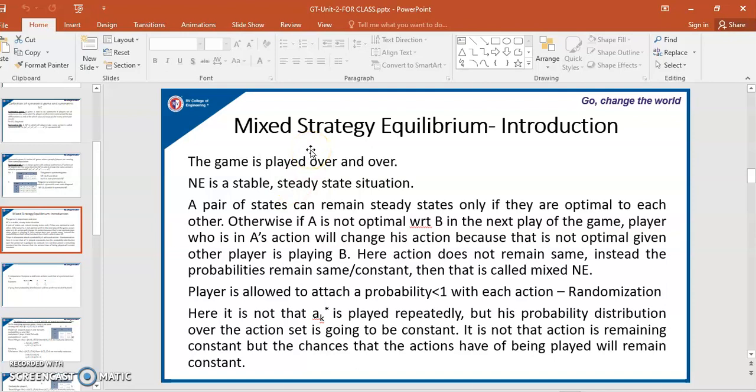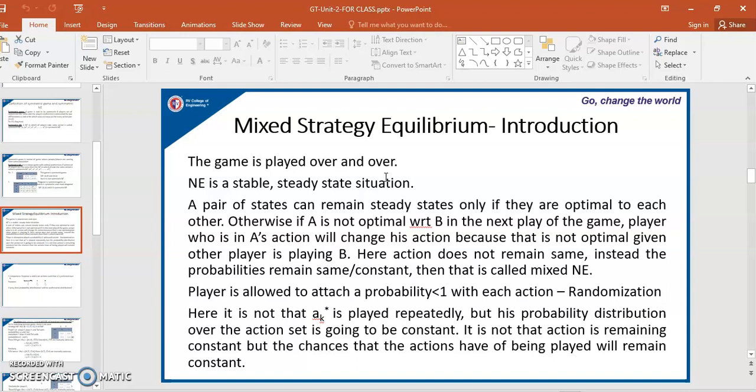Now, coming to the mixed strategy equilibrium introduction. Here the game is played over and over, and a Nash equilibrium is a stable steady state situation. So, a pair of actions can remain a steady state only if they are optimal to each other.